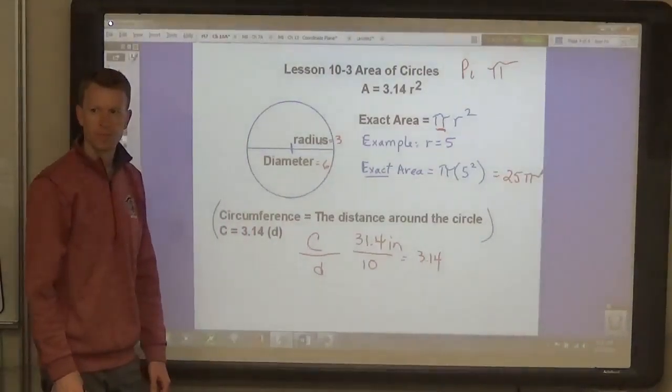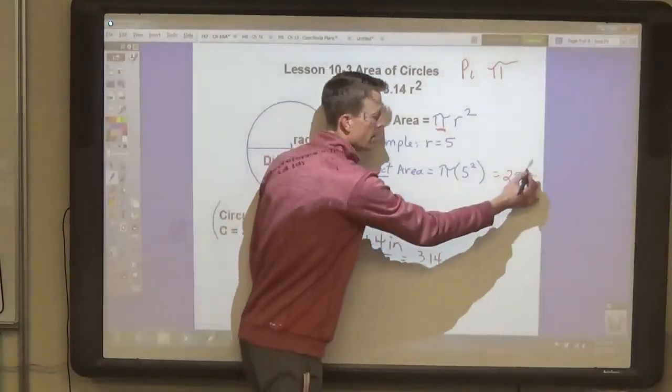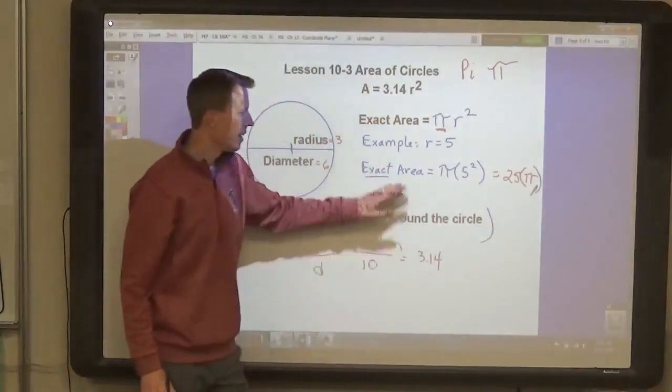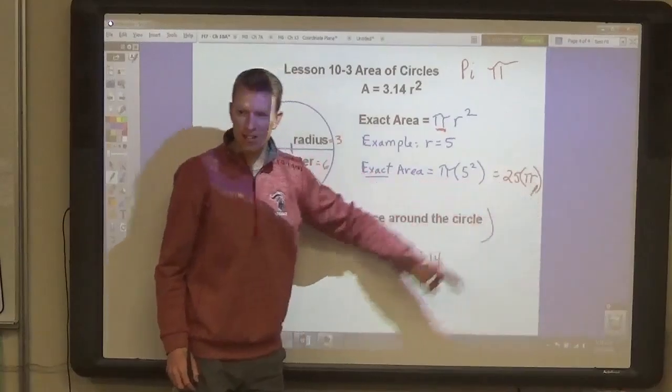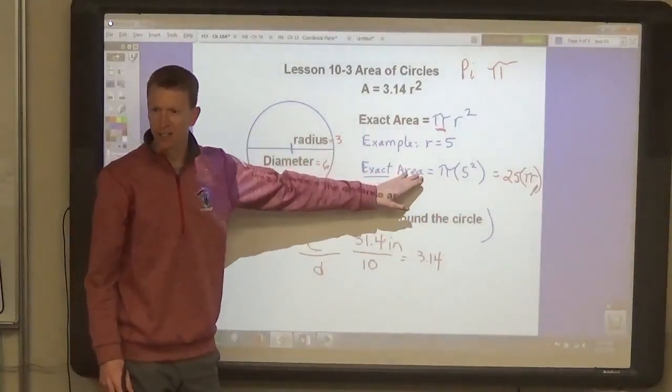You can't write the exact area without using the pi symbol. So this is the answer when you're finding the exact area.